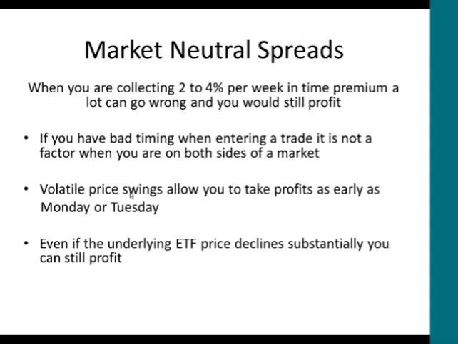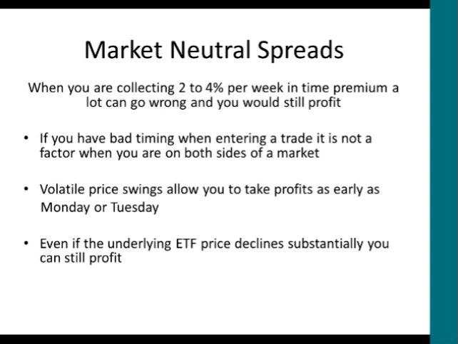What I like to do is put an order in as soon as I enter the covered call. I'll put an order in to close out that short call if it reaches 85% of the profit potential, and that way I can exit the short call as early as Monday or Tuesday if we have volatile price swings.